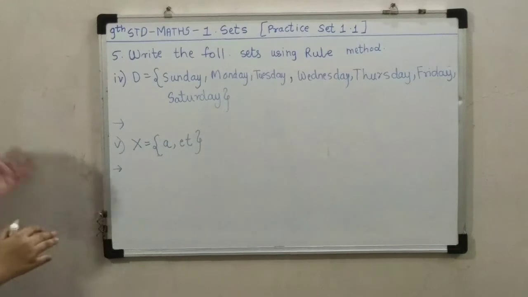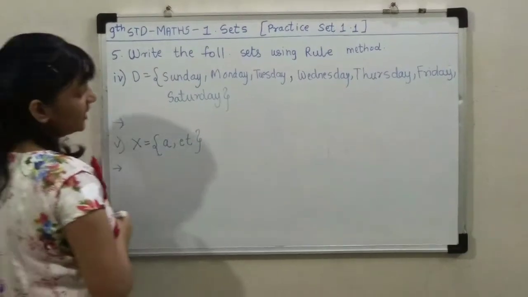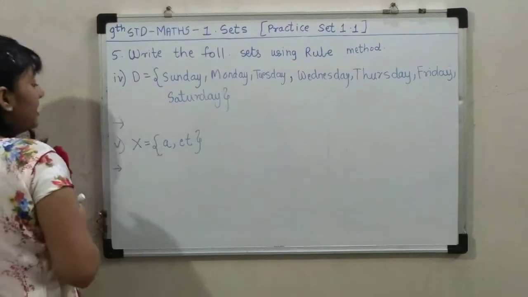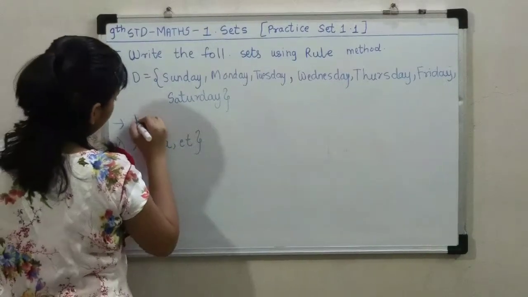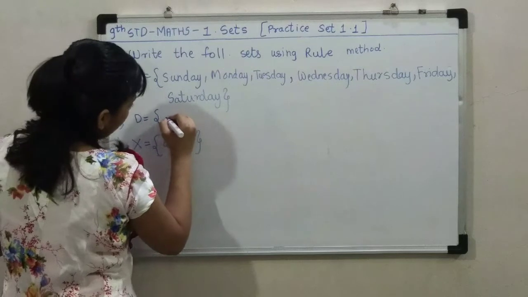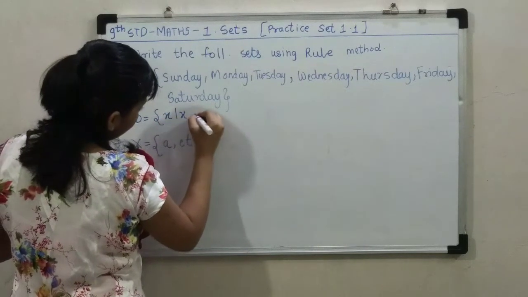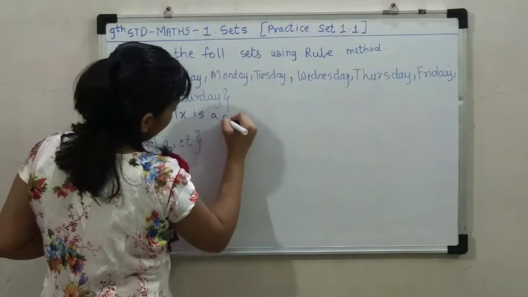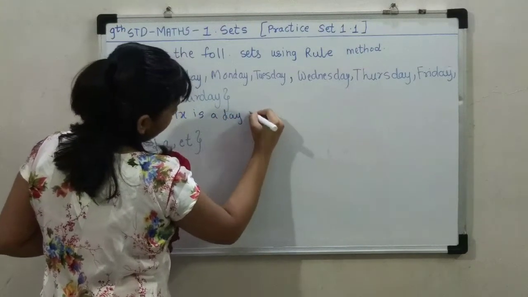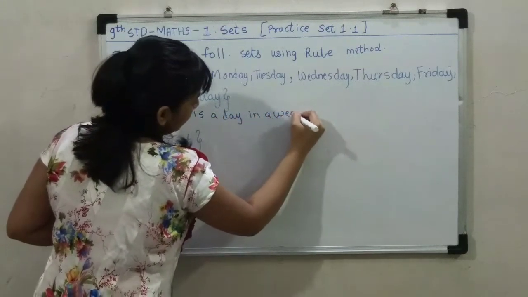Now fourth sum is D. Set D is equal to Sunday, Monday, Tuesday, Wednesday, Thursday, Friday, Saturday. So these are days in a week. So set D is equal to x such that x is a day in a week.